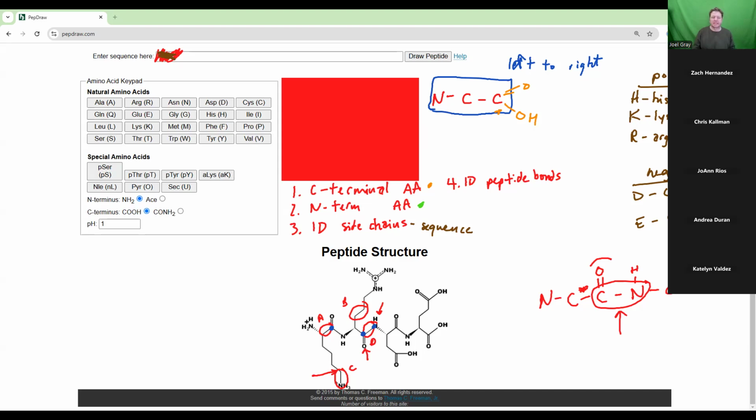Molecules in life don't exist on an X and Y axis. Instead, they exist in three dimensions. So proteins and peptides do this thing called folding. Those R groups are going to try to stay as far away from one another as possible, because they will repel one another.